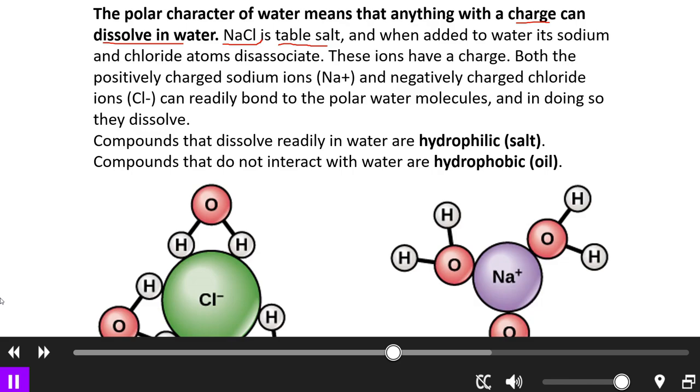When we add table salt to water and mix it, what will happen? It will dissociate, separate. One salt molecule will be divided into two separate atoms. And this is what is happening here. When we put a salt molecule into the water, it will dissociate.